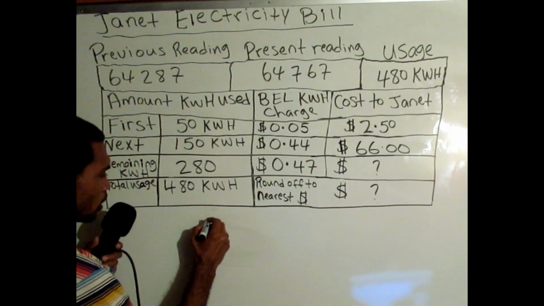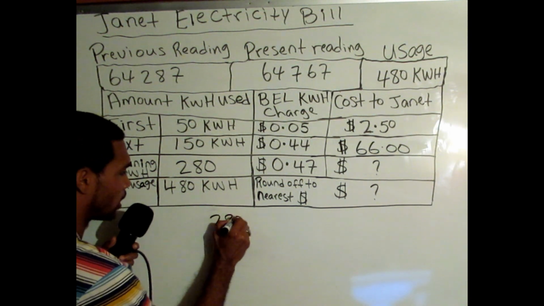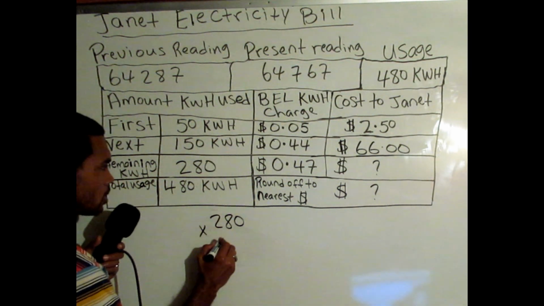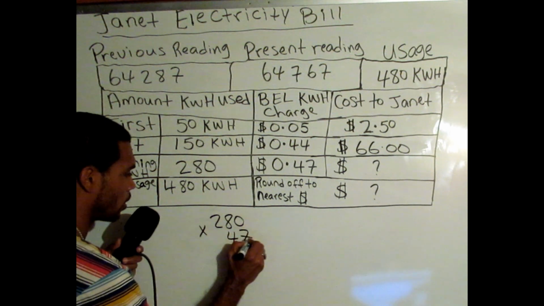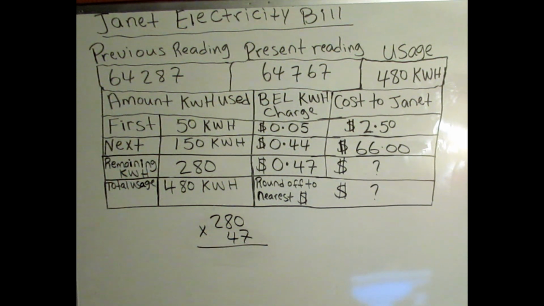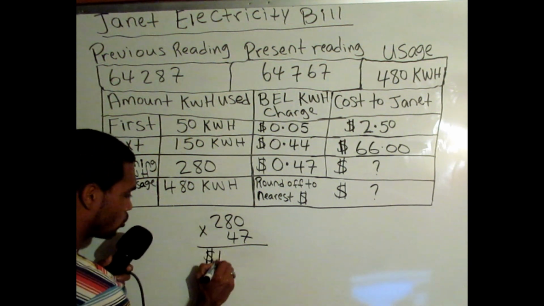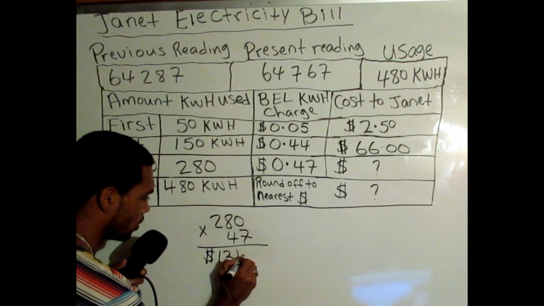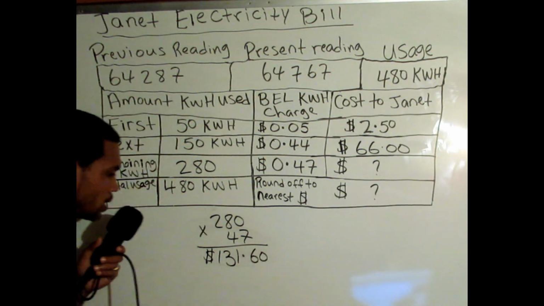So it's 280 times 47, because it's 47 cents for every kilowatt. When we multiply that, our answer will be $131.60.